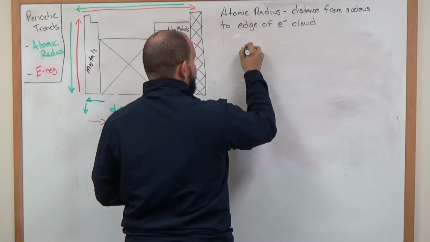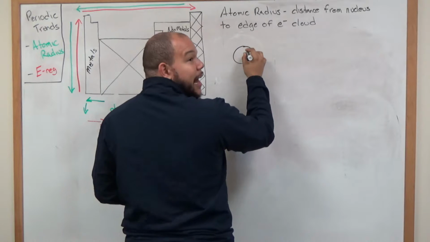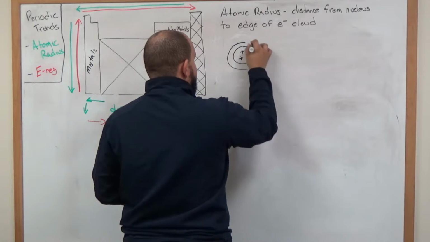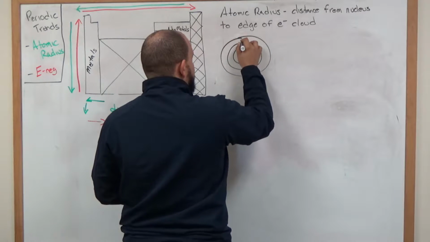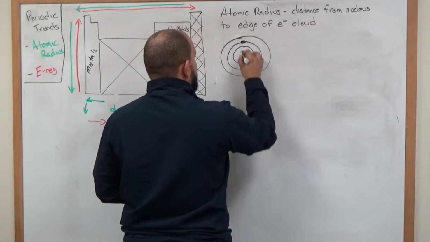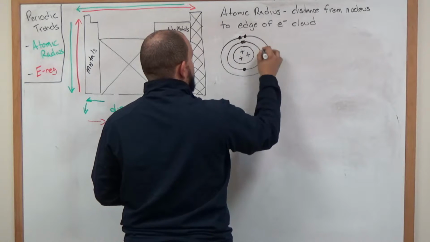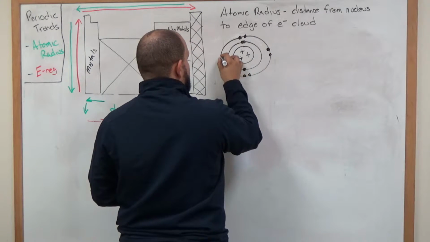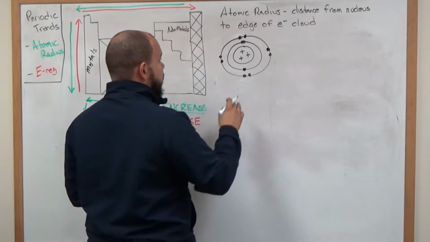So let's look at lithium. Lithium has 3 protons and 3 electrons, excuse me.